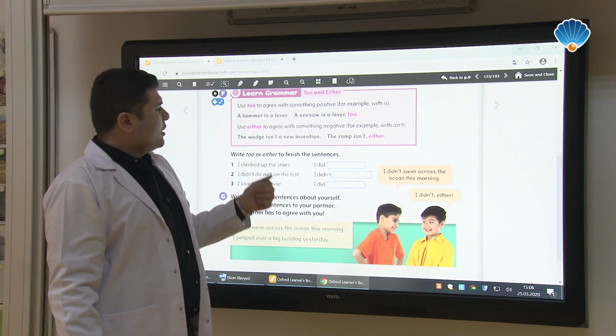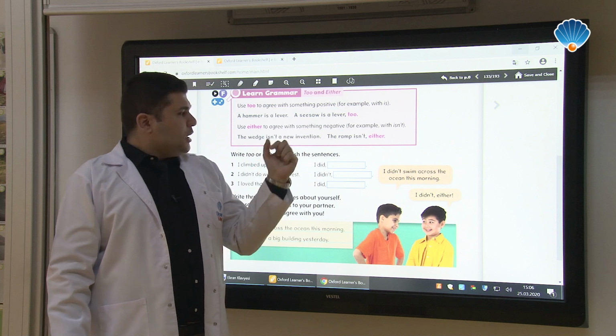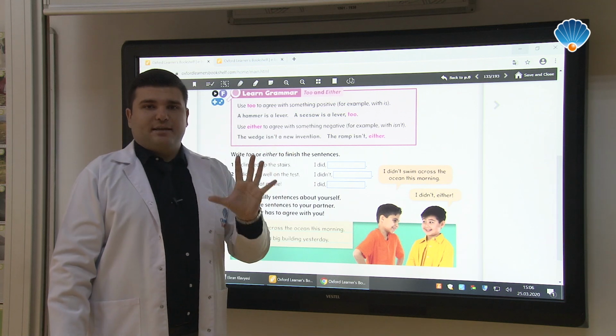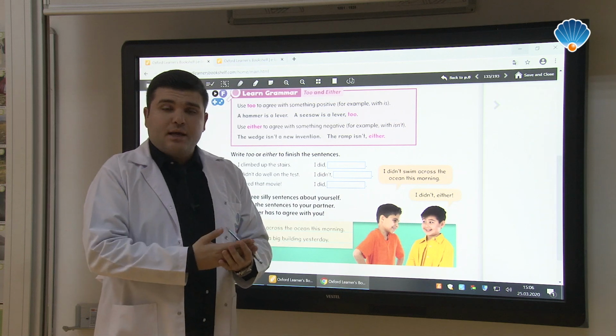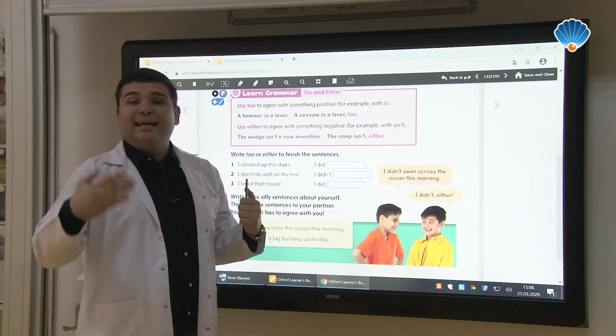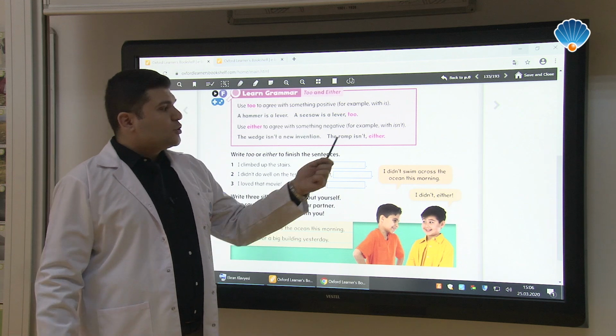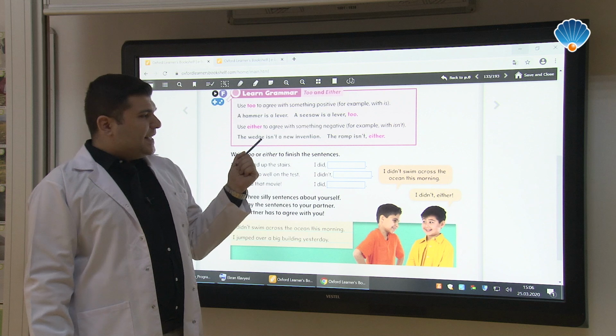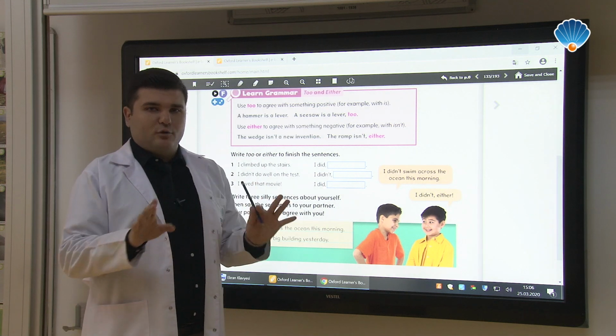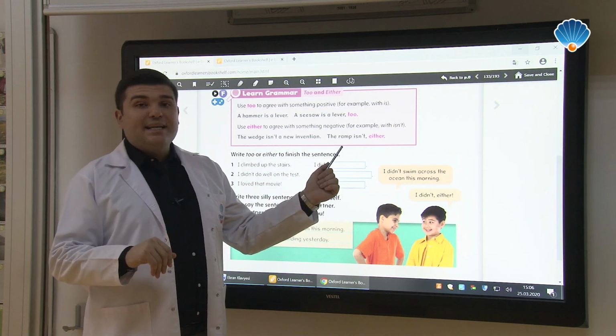Okay. So use either to agree with something negative. So if you want to talk about a negative sentence, you have to use either instead of too. Okay. So for example, with isn't, I will just give an example. The wedge isn't a new invention. It's not new. It's old. The ramp isn't either.